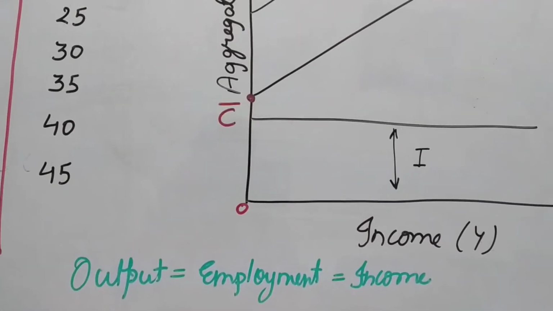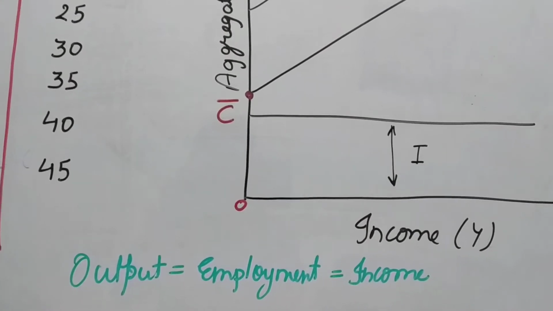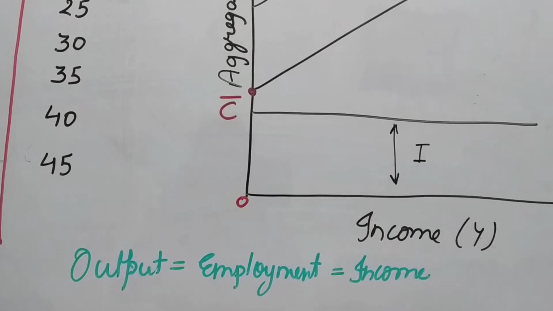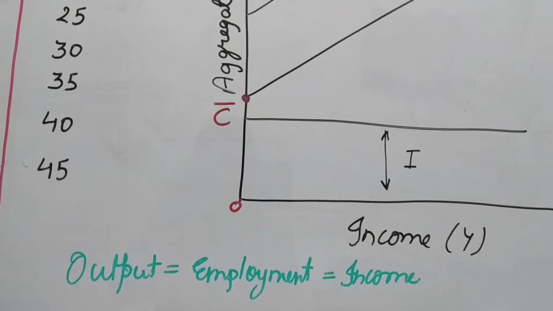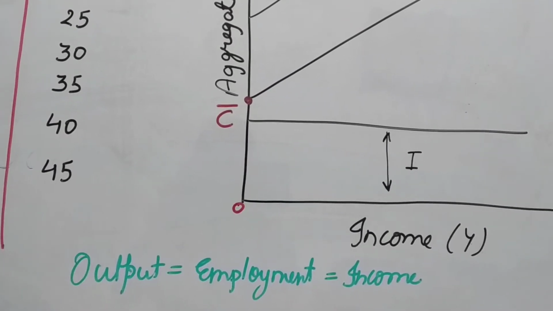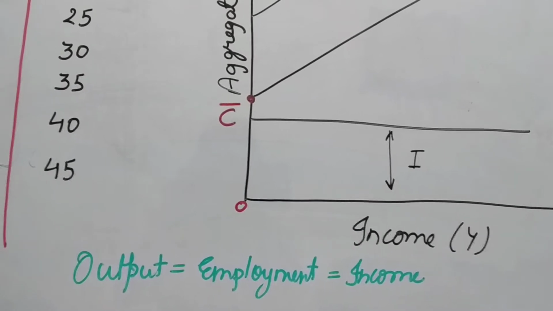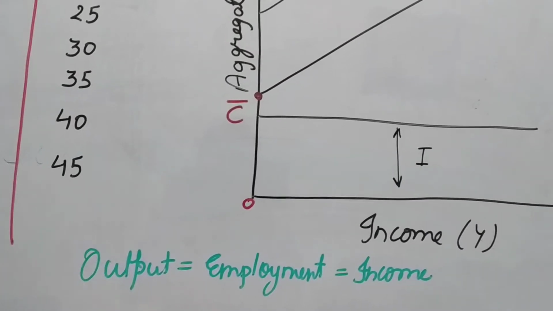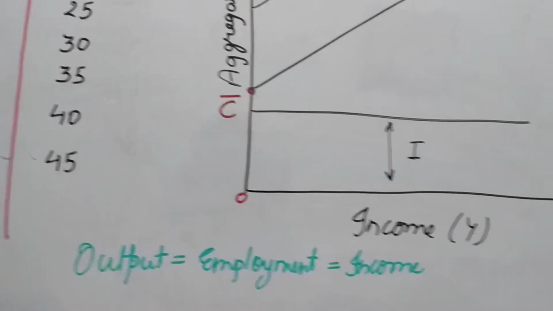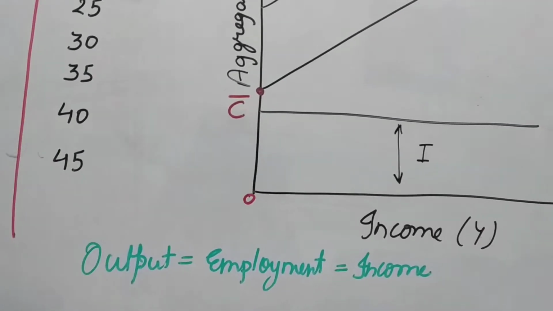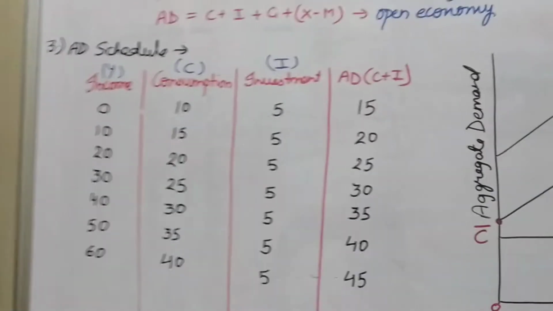So if in any chapter or book you see that somewhere it is written output, somewhere employment, somewhere income, don't get confused. All these three things are equal to each other according to the circular flow of income which we discussed in the first unit. You will read this line in the introductory part of the book also. So now let's come to the AD schedule.